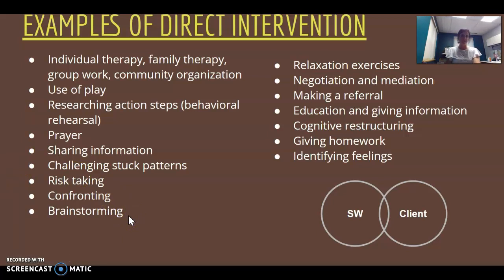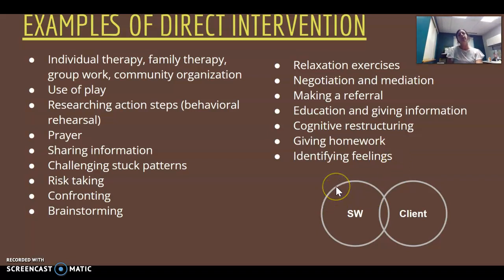Also can be used at different times during the intervention phase. Relaxation exercises, a lot of times that gets partnered with mindfulness. That's a huge intervention, and we'll be practicing some of that. Assisting the client in negotiating or mediating, making a referral, educating, cognitive restructuring, that goes with cognitive behavioral therapy. Giving homework is a huge one because they actually have to do something, and helping clients identify feelings.